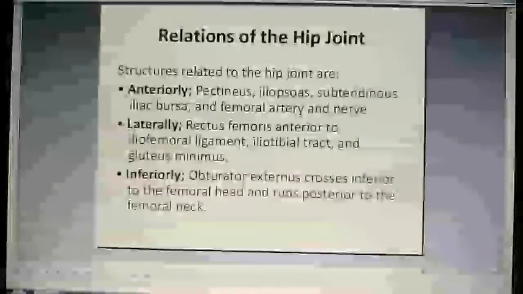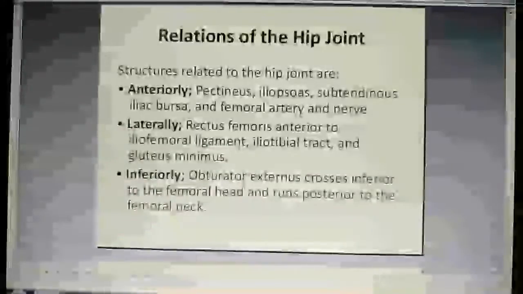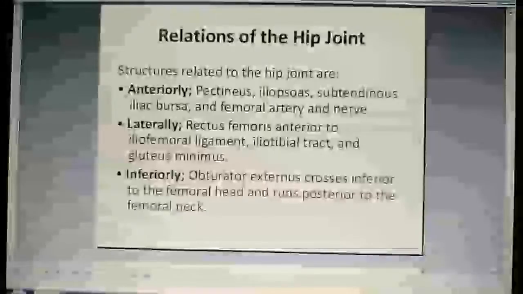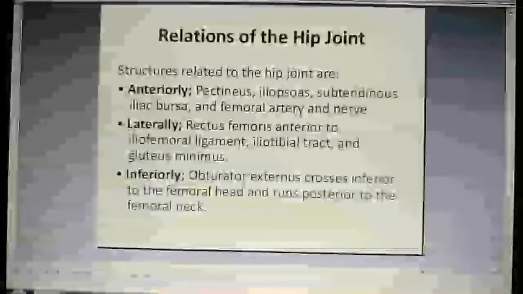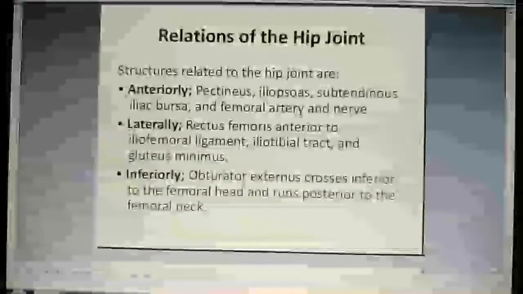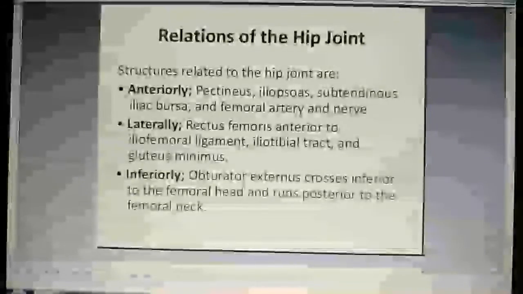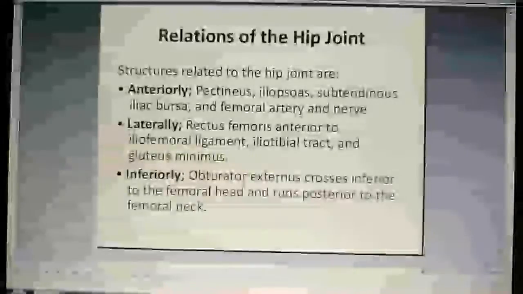Relationship of the hip joint: anteriorly pectineus, iliopsoas, iliac bursa, and femoral artery; laterally rectus femoris, iliofemoral ligament, iliotibial tract, and gluteus minimus.